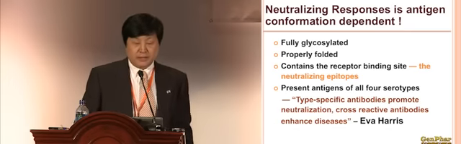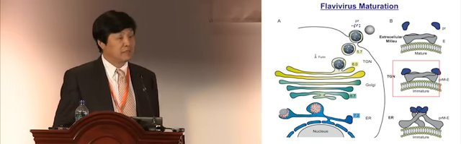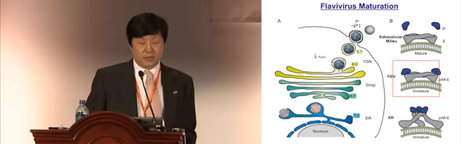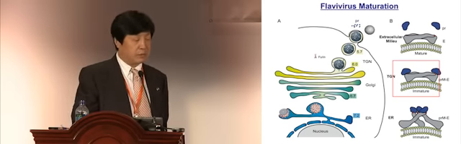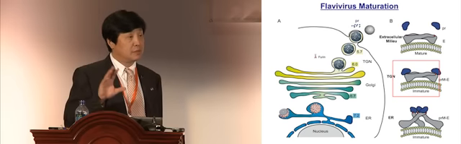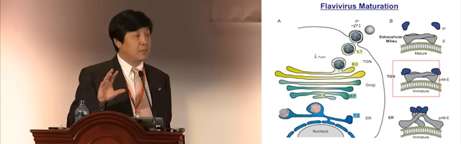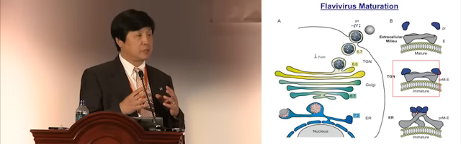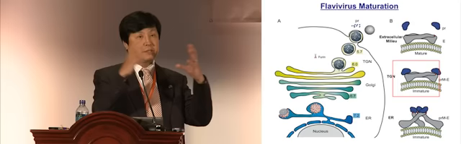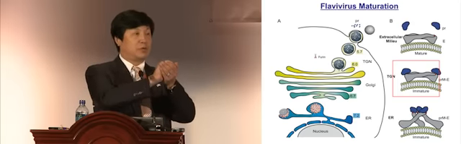This is a simplified infection pathway of flavivirus. The glycoprotein, on the right-hand side, keeps changing its conformation depending on the stage. It is a complex protein with a three-dimensional structure. Let's say you take a strand of yarn and fold it into a ball.